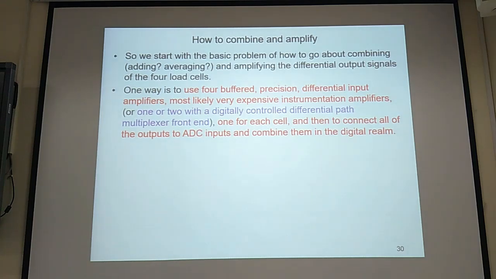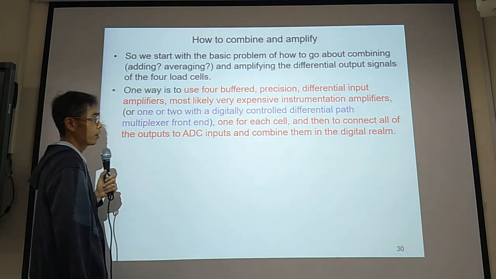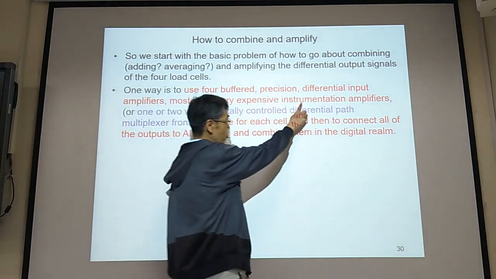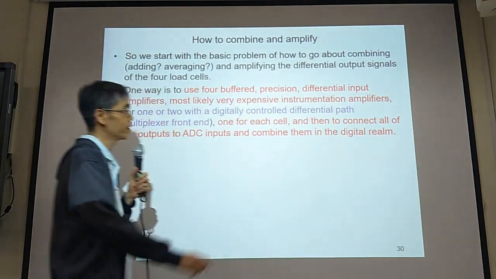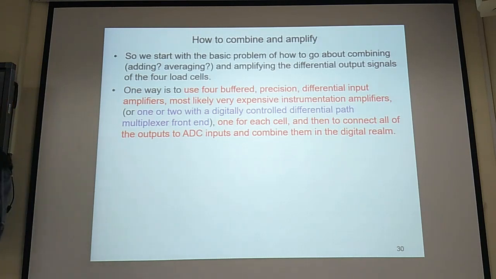So that's why we need instrumentation amplifiers. But we don't want to use a lot of instrumentation amplifiers for each bridge. We want to decrease the use of the expensive instrumentation amplifiers.